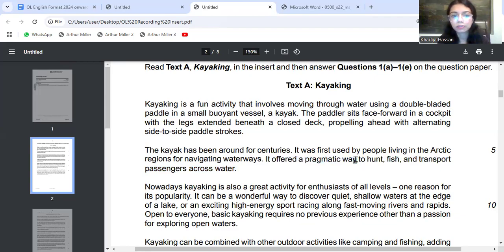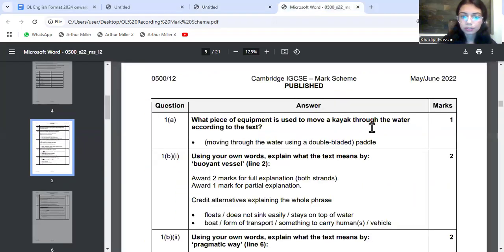It's not a path to hunt, fish, and transport. It's more like a method, right? Or a strategy, a pragmatic way, a suitable way, a pertinent way, appropriate way. So let's go with suitable or appropriate method, and let's check it from the mark scheme.